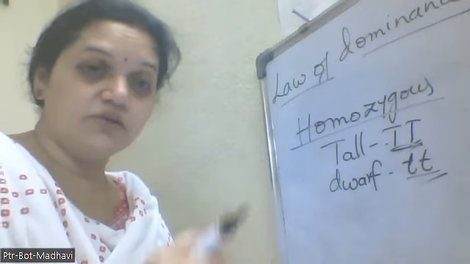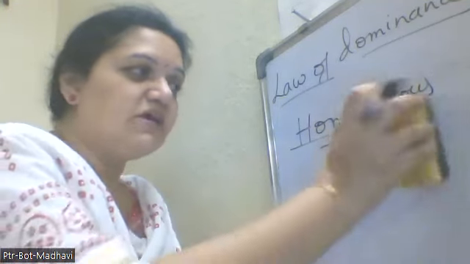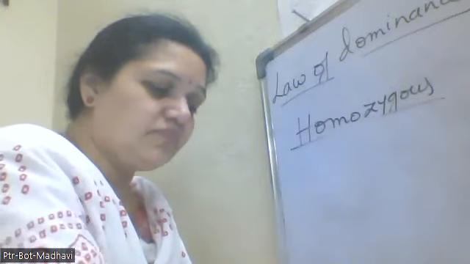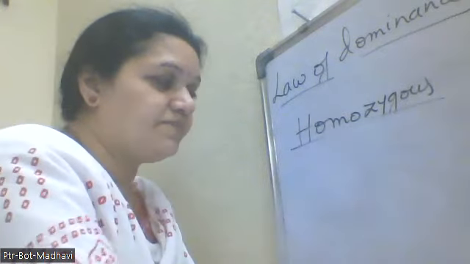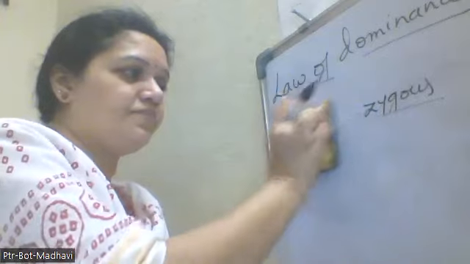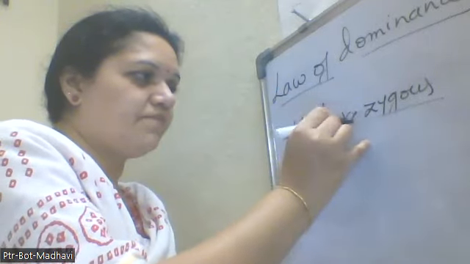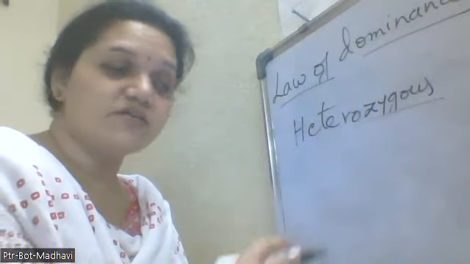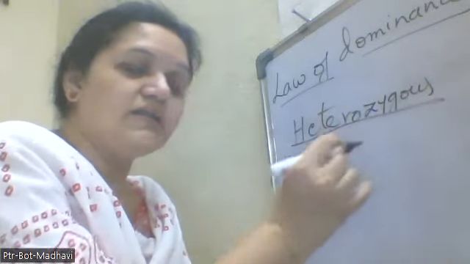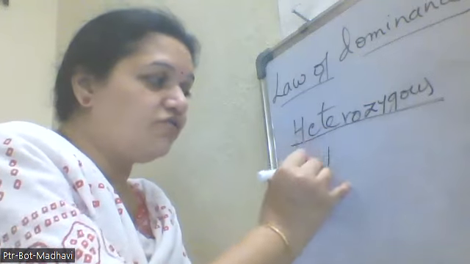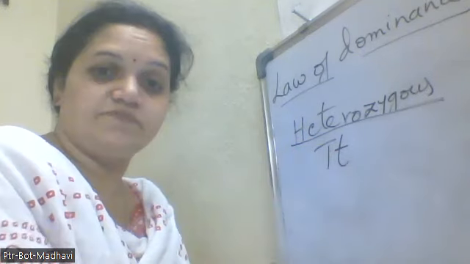Now comes the heterozygous. Heterozygous means the alleles are of two different kinds.